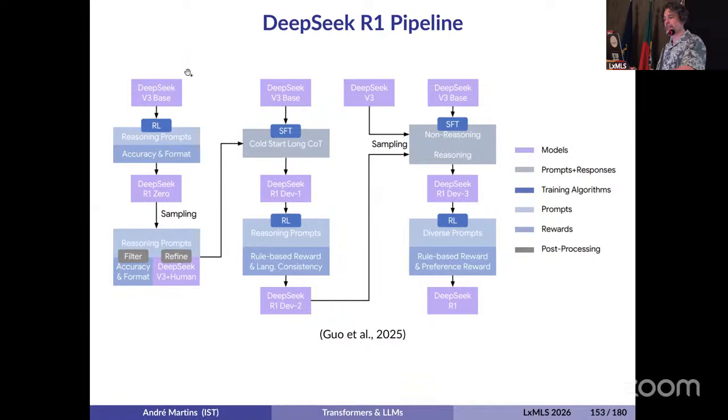And then instead of doing SFT and RL afterwards, they started straight with RL. They want to have the model explore. I'm going to explain how the RL is done in a bit.